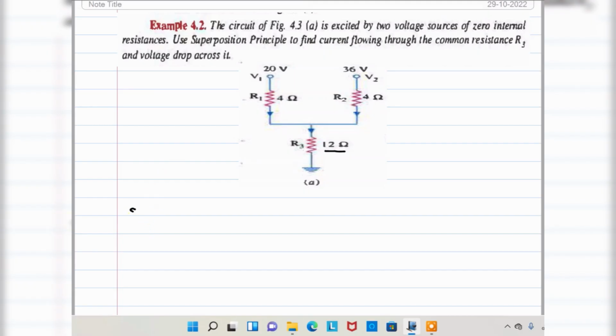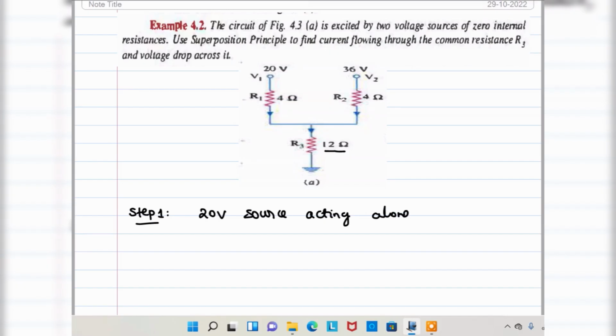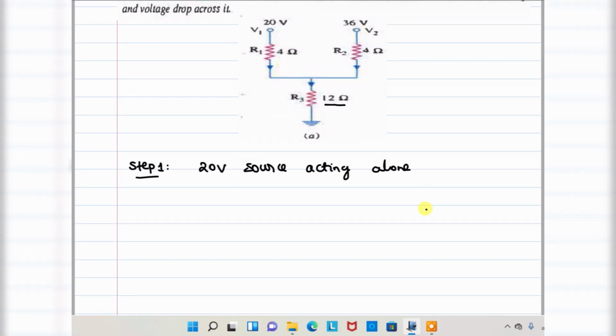So you know superposition theorem, the step 1 here, 20 voltage source acting alone. So whenever 20 voltage source acting alone, our equivalent circuit diagram will be voltage source, 4 ohm resistance. This is short circuited, that means grounded.